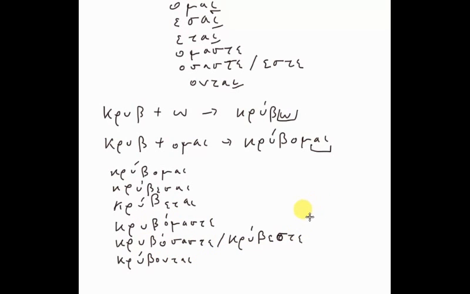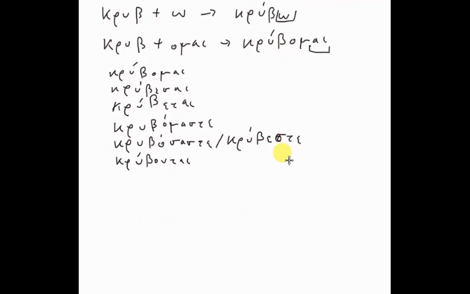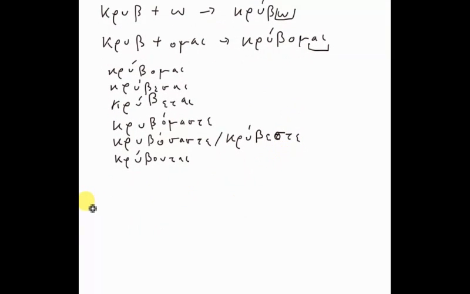So the formula for the present passive tense is durative stem, same as it was in the present active. Now in the present passive, we're still using the durative stem plus your primary, not your primary active endings, but your primary passive endings.